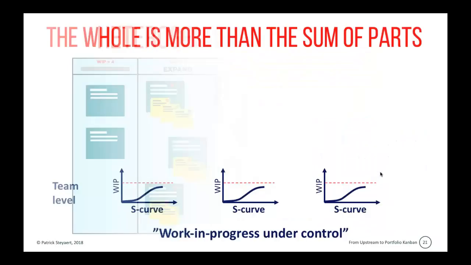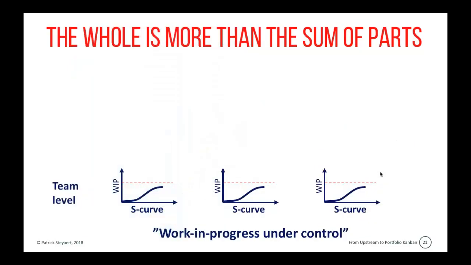In terms of work in progress, what this means is that at the team level, we see a work in progress that is quite under control. So you talk with each team, and at the work item level, all the work in progress is under control.